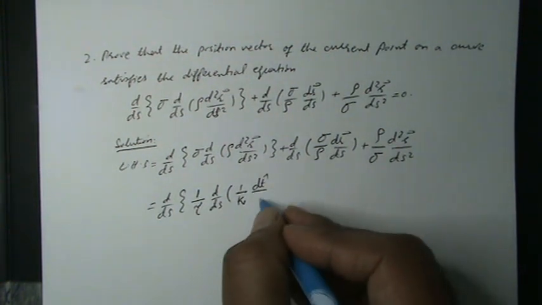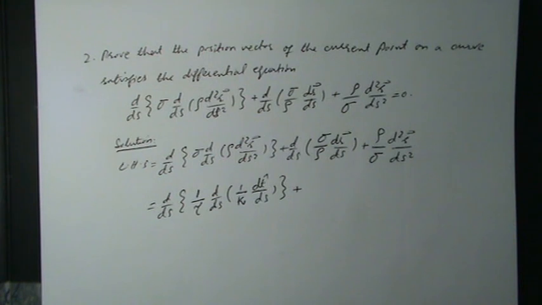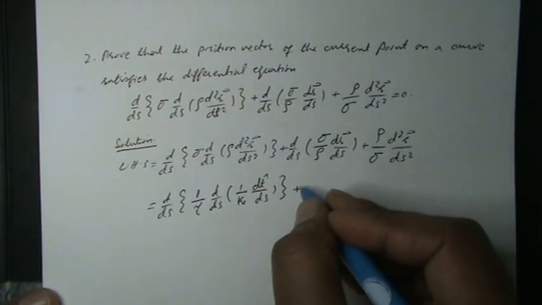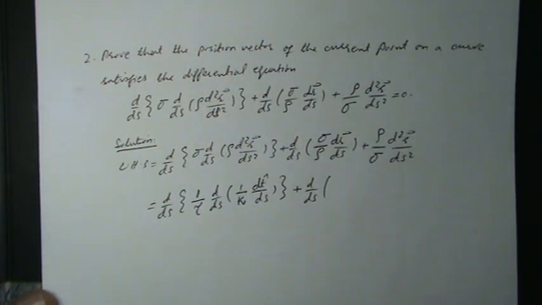We know that sigma is equal to 1 over tau and rho is equal to 1 over kappa.